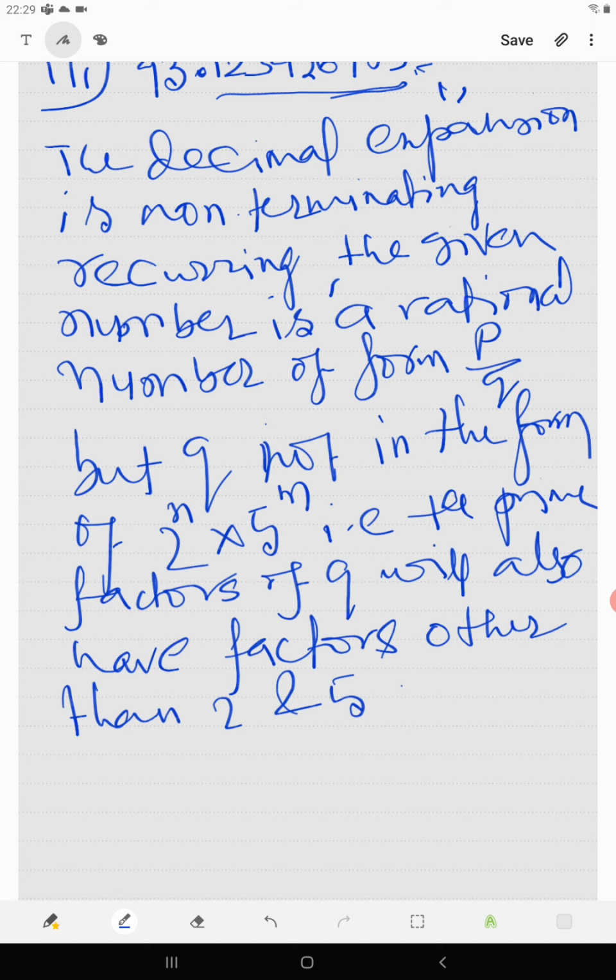Okay, we have seen it already. If it has factors other than 2 and 5, then it is non-terminating recurring. So same thing over here. Since it is non-terminating recurring, of course it's a rational number of the form p by q, where q is not in the form of 2 to the power n into 5 to the power m. That is, the prime factors of q will also have factors other than 2 and 5.